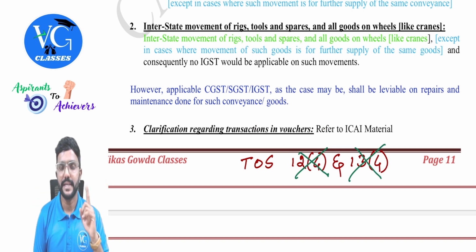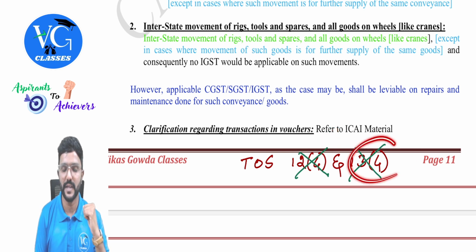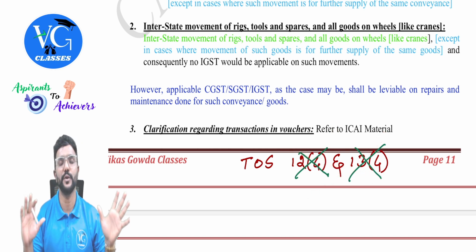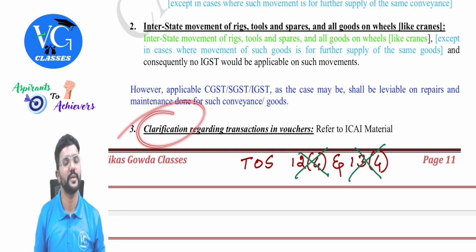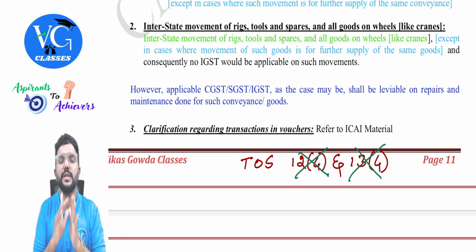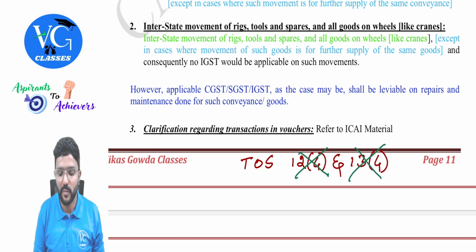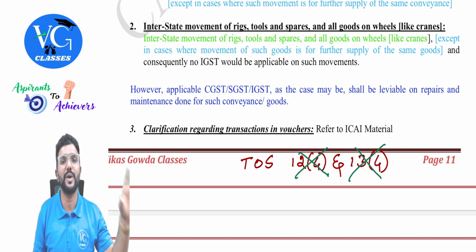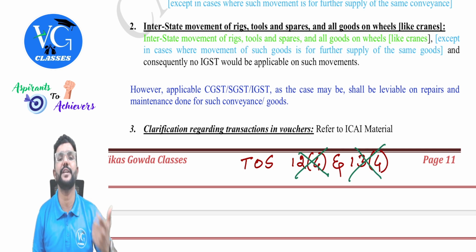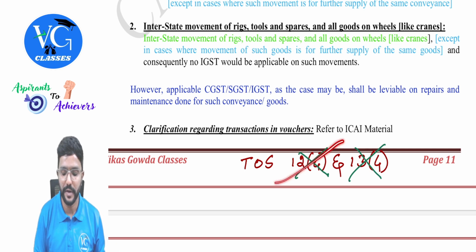And there was a time of supply provisions given in section 12 subsection 4 for supply of goods, whereas for supply of services in section 13 subsection 4. Even those have been removed due to this clarification, where they have clearly told that when the voucher is sold, there is no supply. Those provisions, which depend on whether supply was identifiable or not at the time of issue of voucher, are now removed, guys.